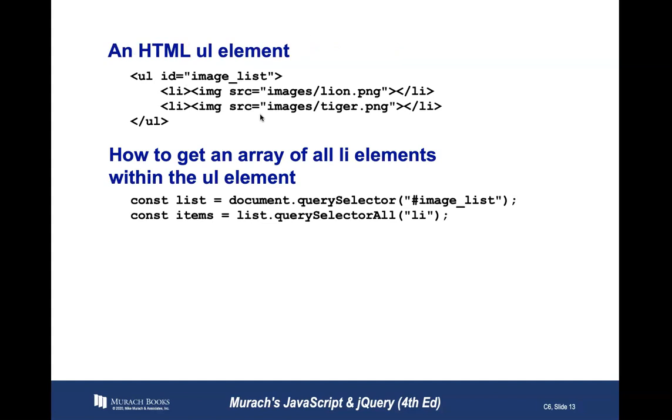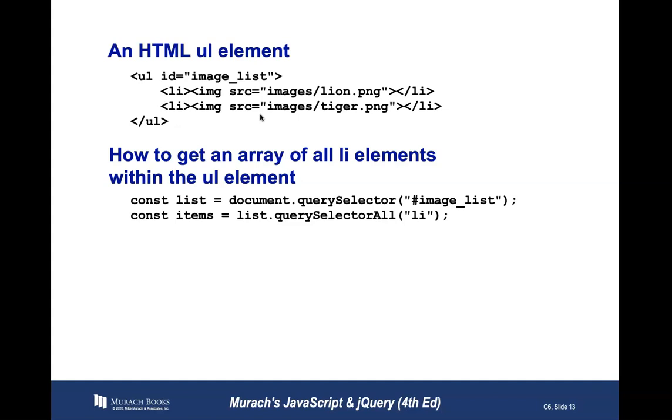Let's take a look at this, for example. We've got a collection of images here, all in an unordered list with an ID called image list. So what we can do is use document.querySelector image list and then list.querySelectorAll li, and that would get us an array of li elements between that list item.